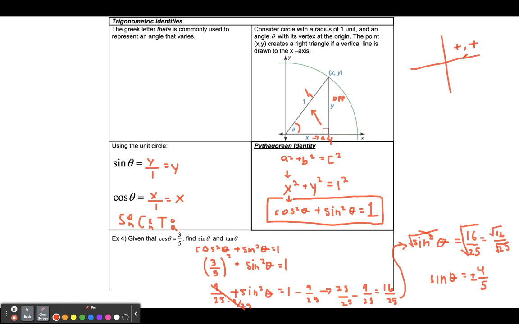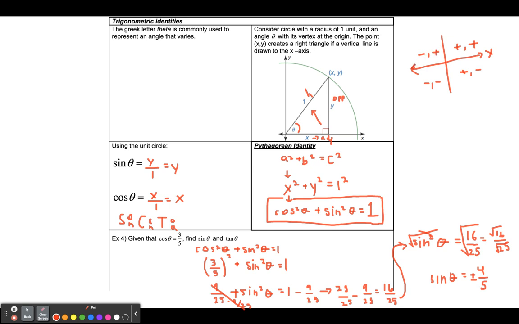But then say that you go down to this quadrant here. Yes, your x value is still positive, but your y value becomes negative. Okay, and then when you're in this quadrant over here, both of your values become negative. And then in this quadrant over here, your x value is negative while your y value is positive.